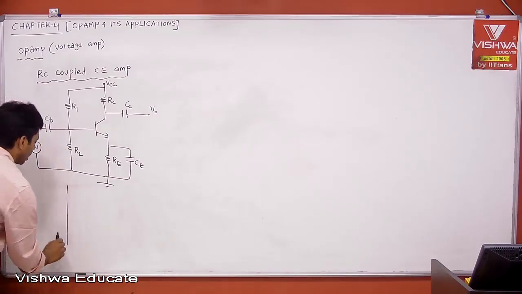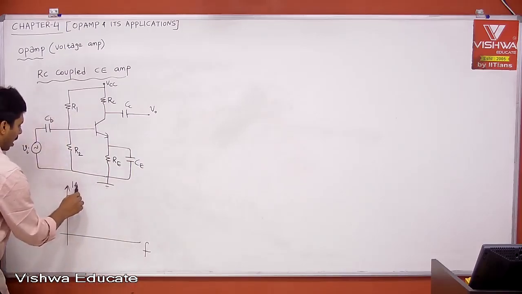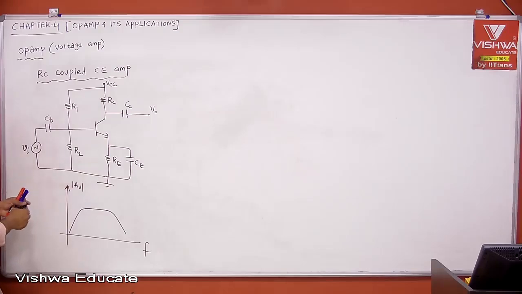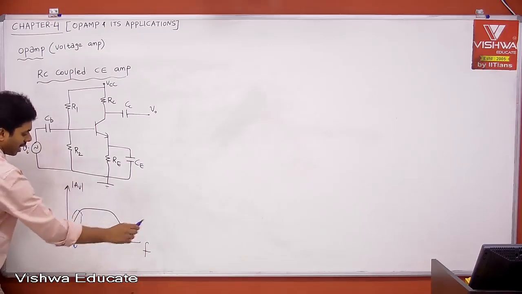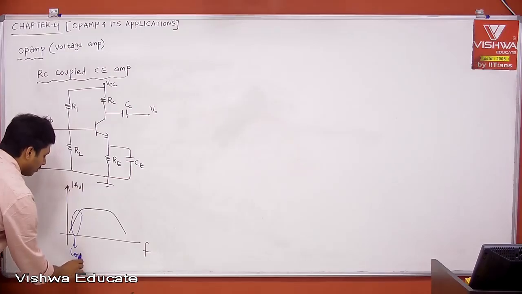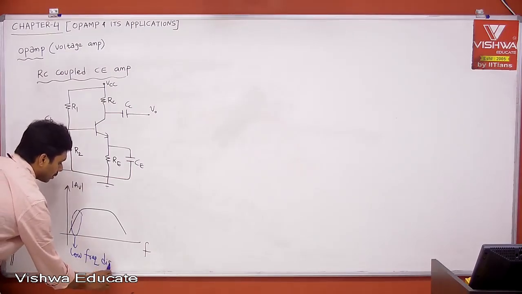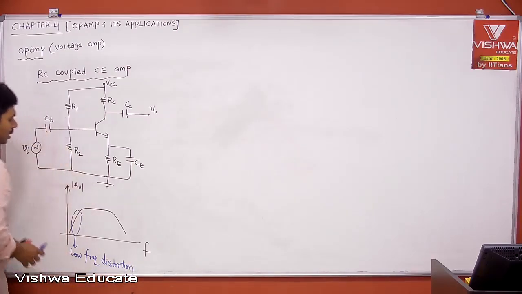The limitation of the RC coupled CE amplifier, if you take the frequency response and the gain whatever you have, right? We are not able to amplify the low frequency signals. I'm not speaking about high frequency amplification, only about low frequency amplification. Therefore, the low frequency gain drops, and there is low frequency distortion. We are not able to amplify low frequency signals, right?